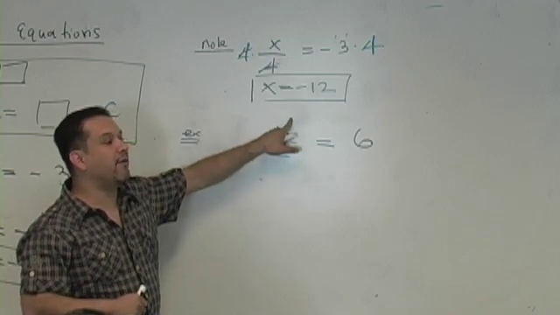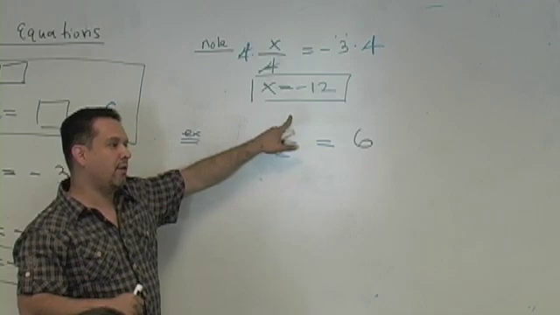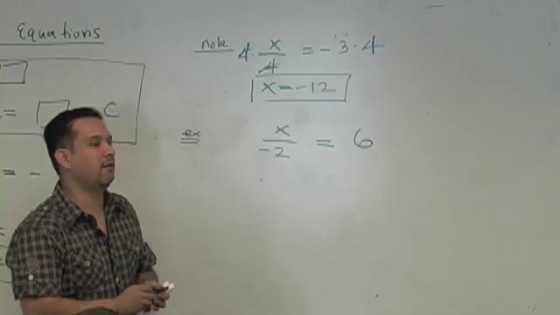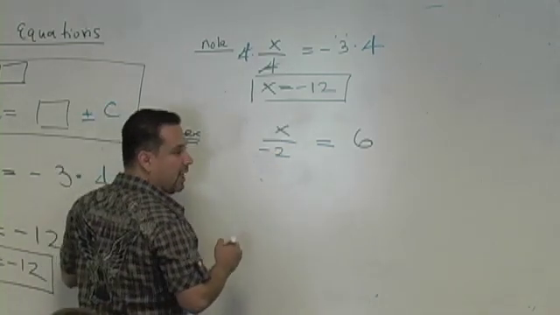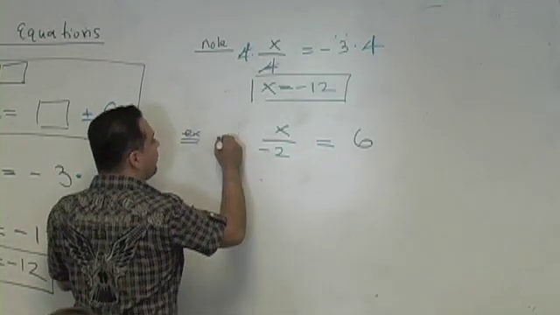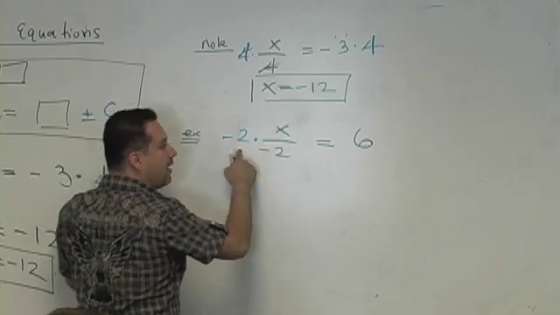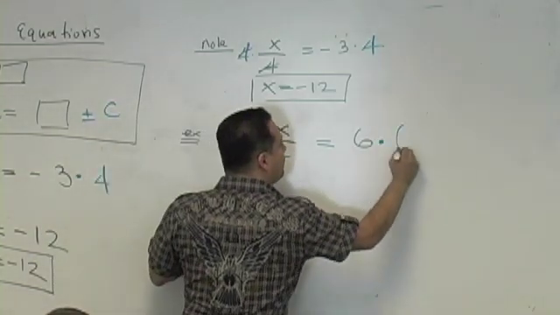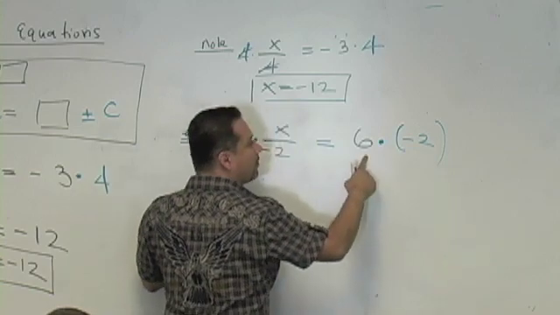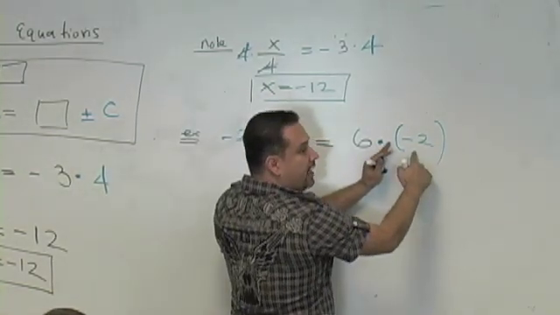Negative 2 is being divided into the value x. Is that right? So how do you undo division again? Multiplication. But you multiply by what? The same number. Negative 2 times that fraction on the left, negative 2 times the number on the right. I put the parentheses here just to emphasize that the number is negative. Okay?